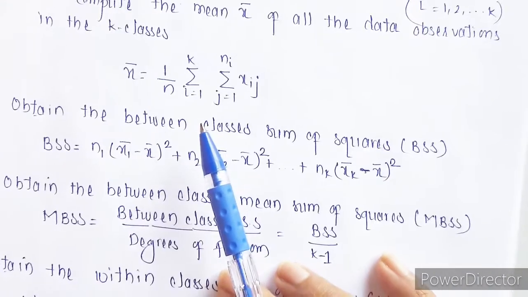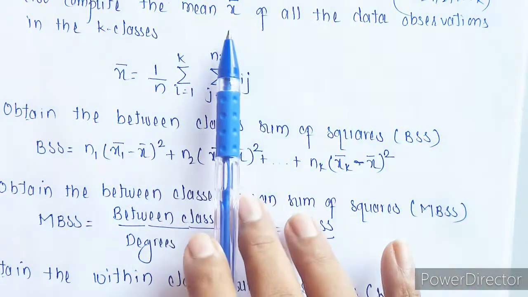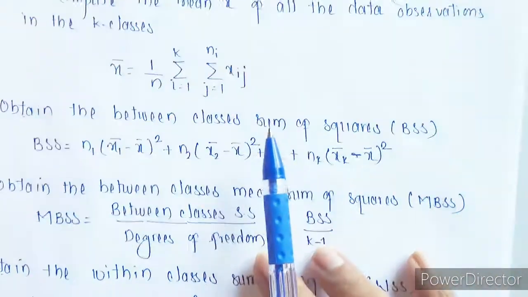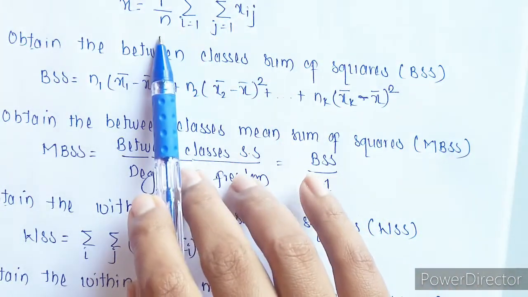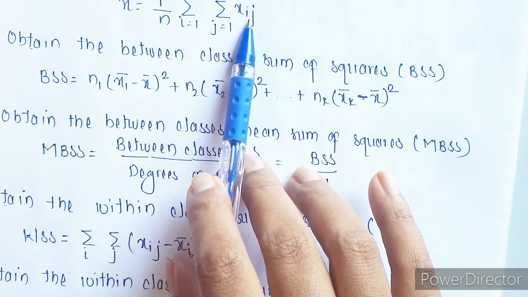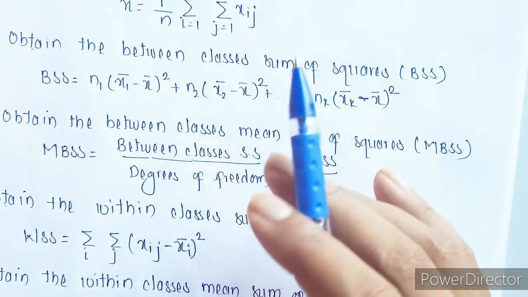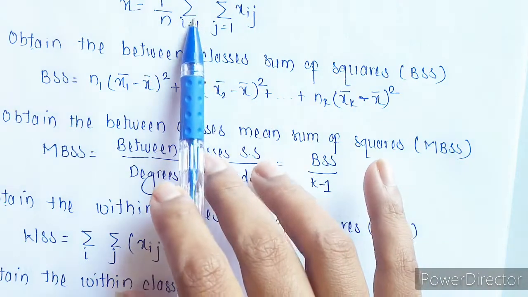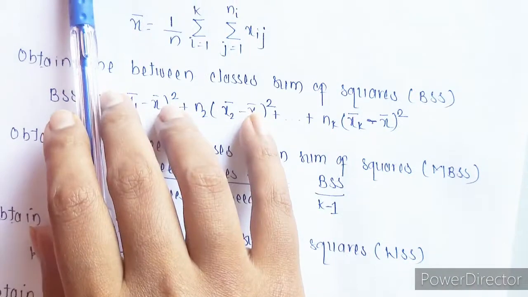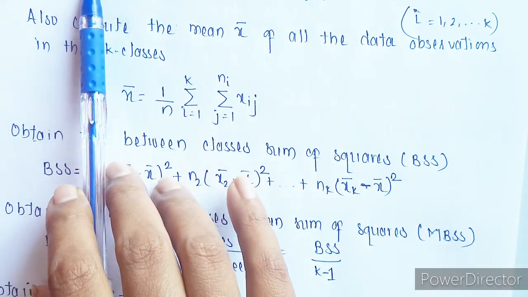Then once we have means and standard deviation for each class, we have to compute x bar, the mean of all these observations, and it is given as 1 upon n summation of all these values, or all these means. For example, suppose we have 4 means, then the summation of all these means is nothing but this x bar. And we are denoting the previous means of each class by xi.